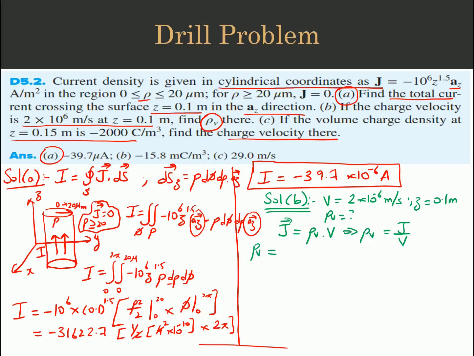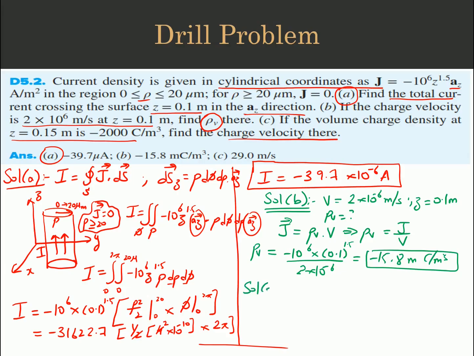Rho v is equal to, the value of J is 10 raised to power 6, and we can put in the value of z as 0.1 to the power 1.5, divided by velocity, which is 2 into 10 raised to power minus 6, and it comes out to be minus 15.8 meter cube per meter cube. So this is the answer for the second part.